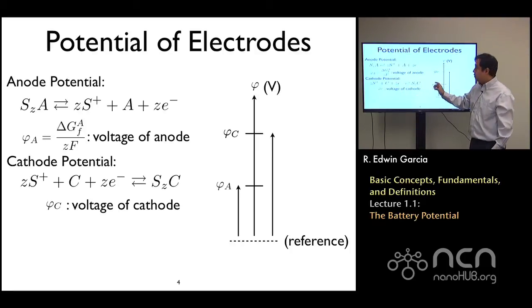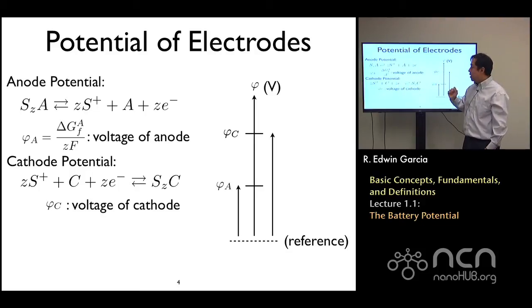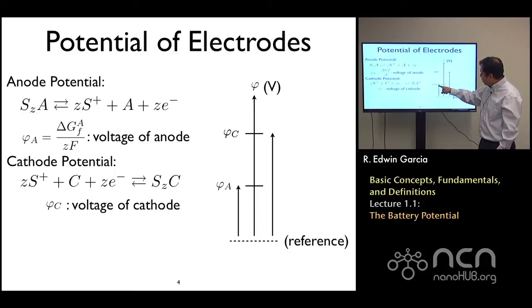And in every case, if you really want to use that battery, you want to always refer it to the same reference. If you wanted to use both materials, the anode and the cathode, for a battery application, it really doesn't matter what the voltage is with respect to the reference in both cases. It does matter to have it with respect to the reference in order to compare them. Why?